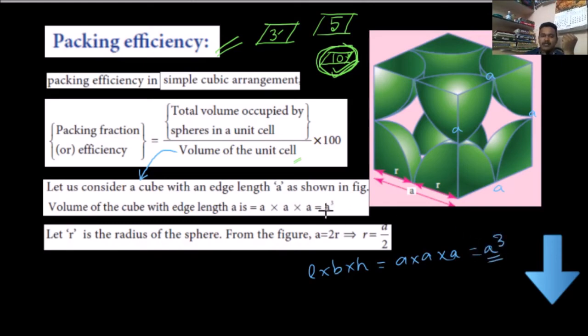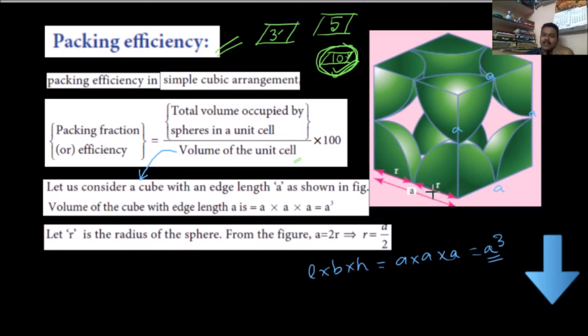That's what we discussed. Let r be the radius of the sphere. From the figure, a is equal to 2r. We know that in the simple cubic system, all the corners are occupied by spheres. Here these two corner spheres must touch each other, must be in contact with each other.